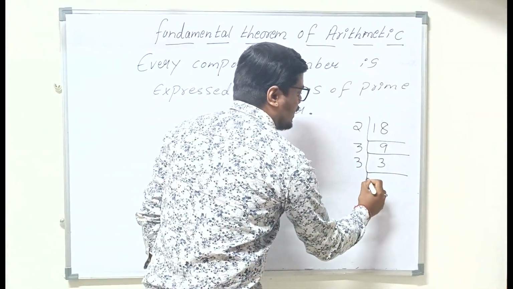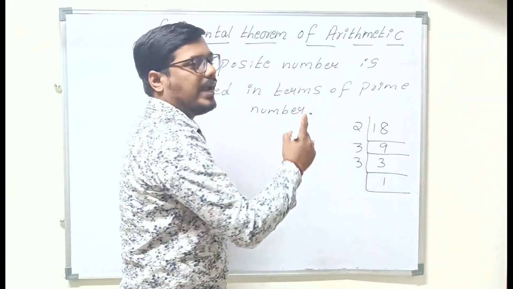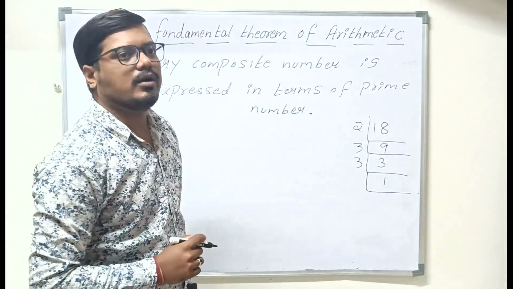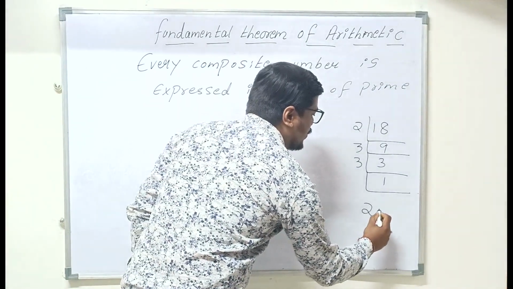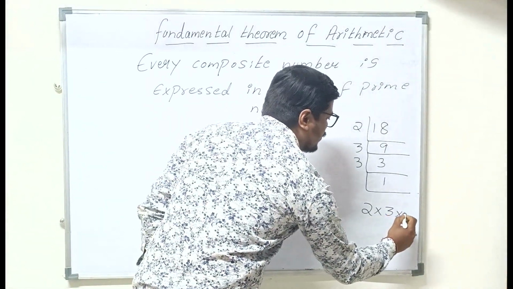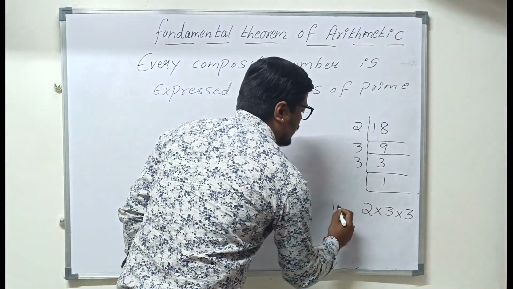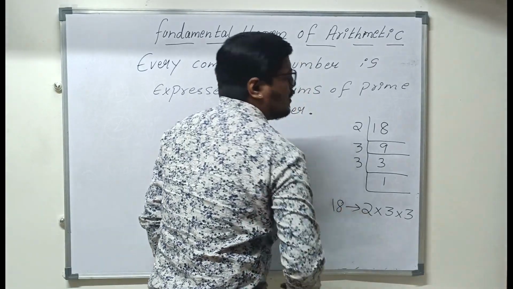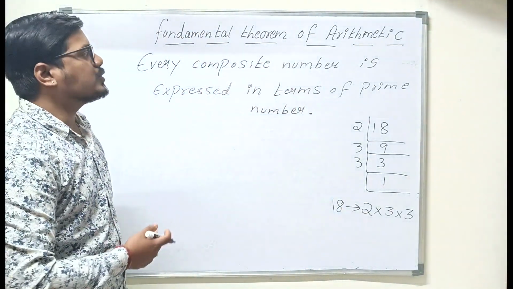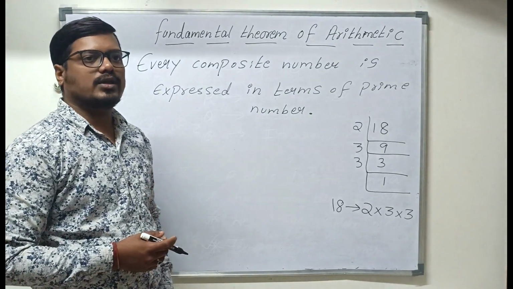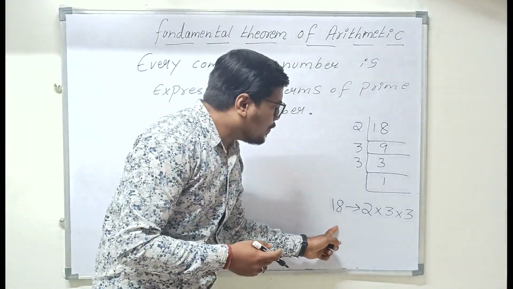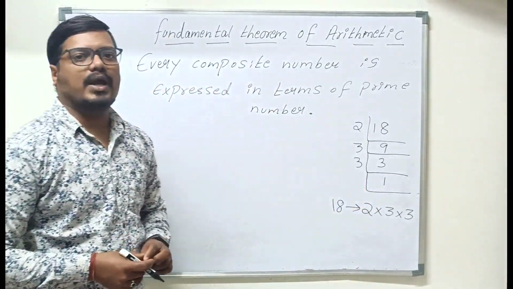Then 3 1s are 3. So 18 is expressed in terms of prime numbers as 2 into 3 into 3. This is the statement of the fundamental theorem of arithmetic, expressing a composite number in terms of prime numbers.